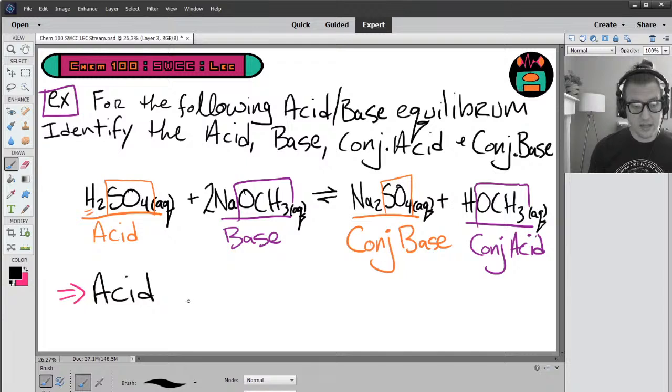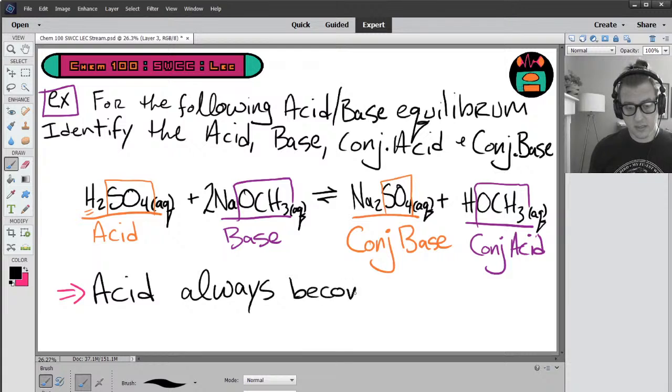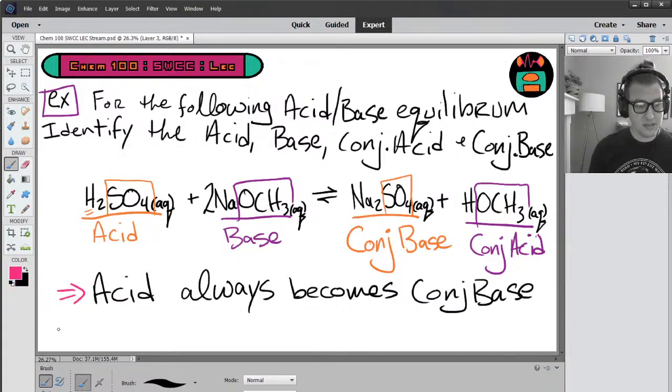The acid always becomes the conjugate base, and the flip is true of the base.